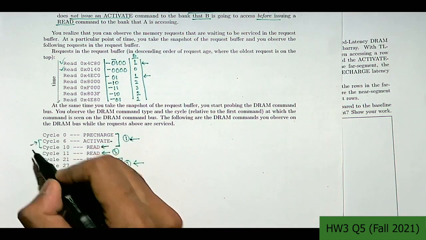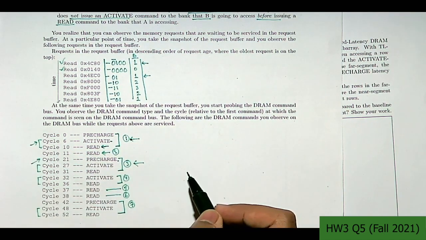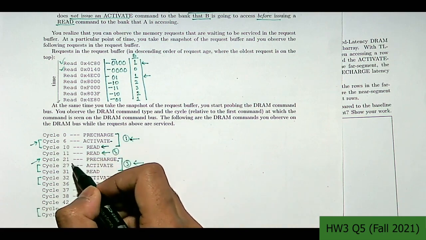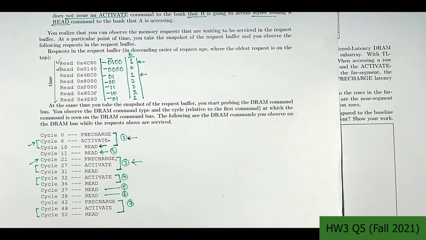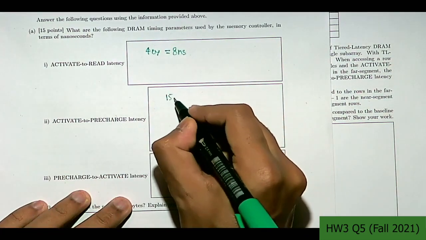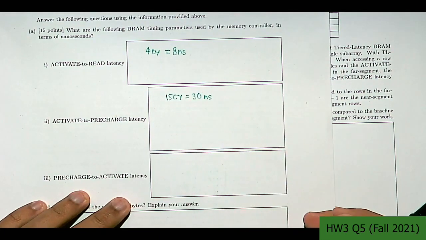This is cycle number 6 and this is cycle number 21. So that gives us a cycle difference of 15 cycles. 15 cycles translates to 30 nanoseconds. Does that make sense?